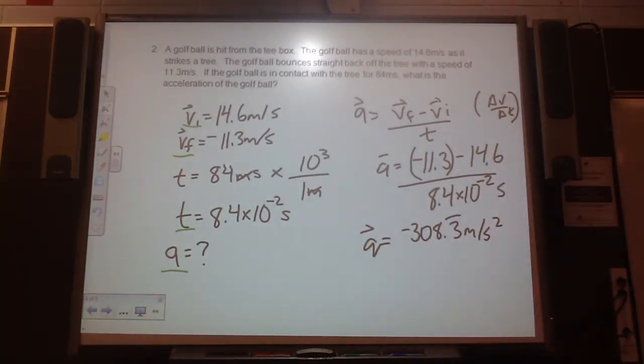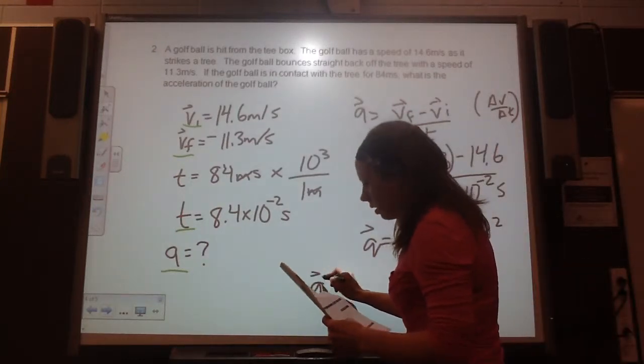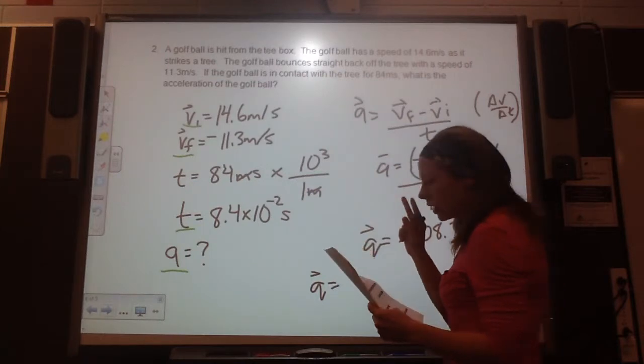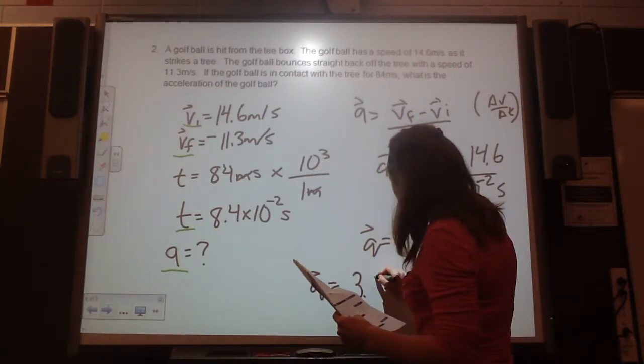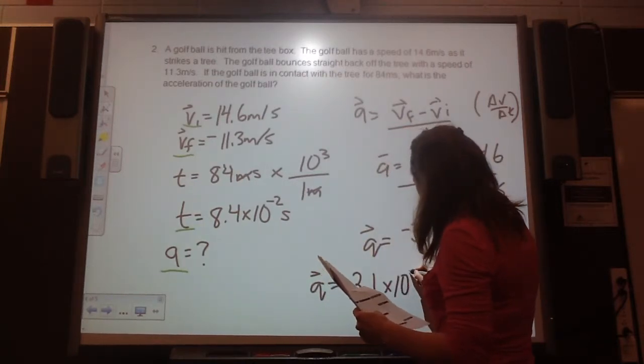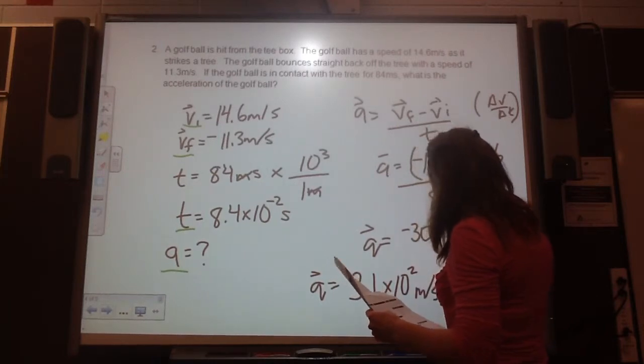So your acceleration is negative 308.3 meters per second squared, because that's my units for acceleration, so make sure it's meters per second squared. But now I'm going to put this into sig digs and put my direction in. So A, and I have two sig digs, so 3.1 times 10 to the 2 meters per second squared.